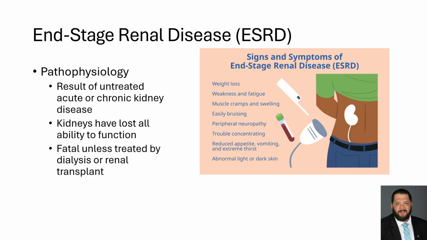End-stage renal disease is the result of untreated acute or chronic kidney disease, and the kidneys have lost their complete ability to function. This state is fatal unless it's treated by dialysis or renal transplant. And this is oftentimes where we see patients undergoing dialysis when they are in end-stage renal disease awaiting kidney transplant.